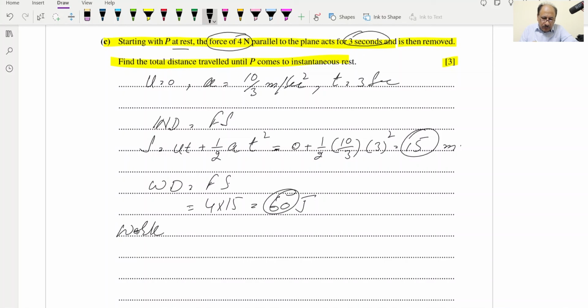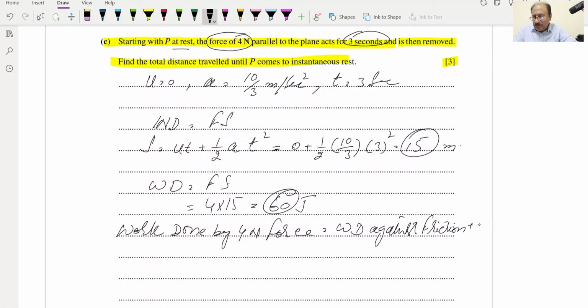Work done by 4 Newton force will be equal to work done against friction plus potential energy gained. So gain in potential energy will be this one.